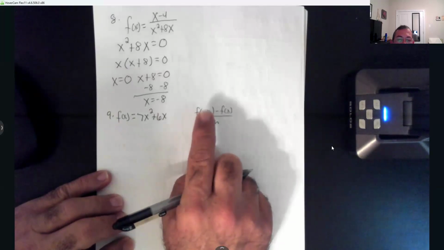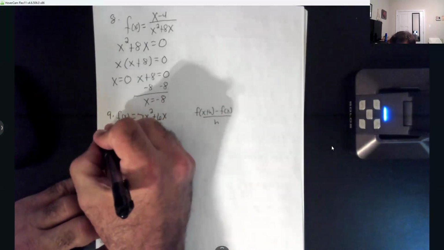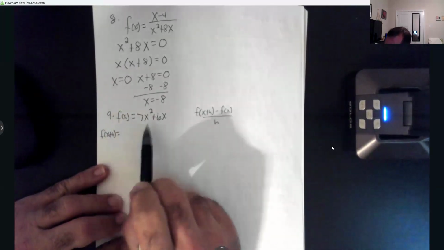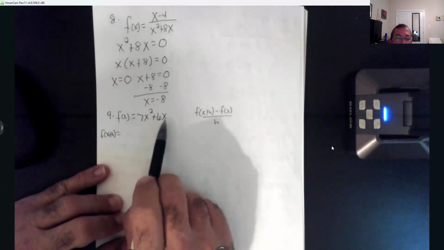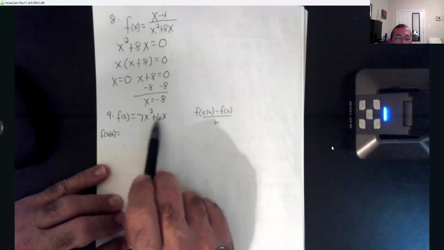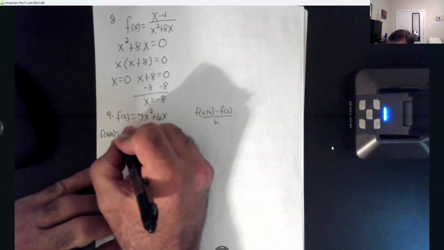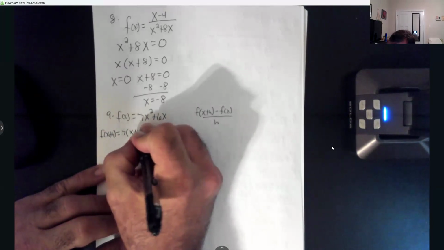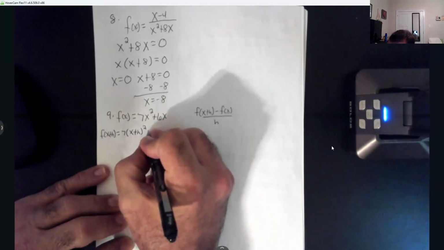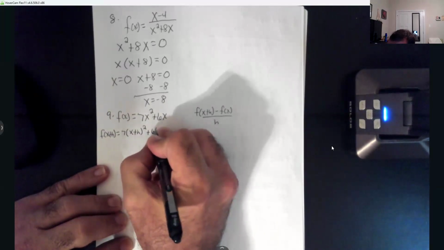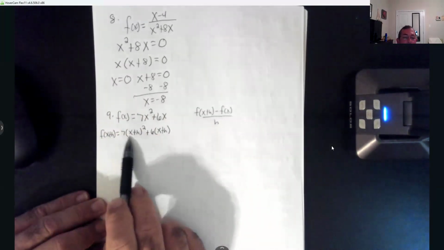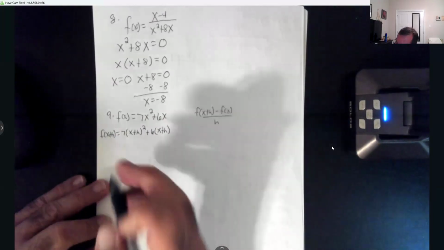So this is where we had to find f of x plus h first. Well, f of x plus h means I'm putting the x plus h in for both of these x's. So you're going to have 7 times x plus h squared plus 6 times x plus h. So that was our first step.